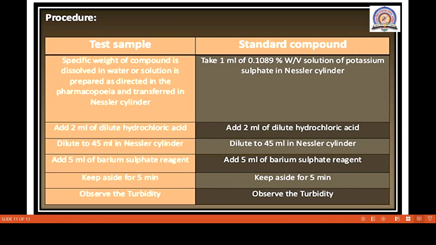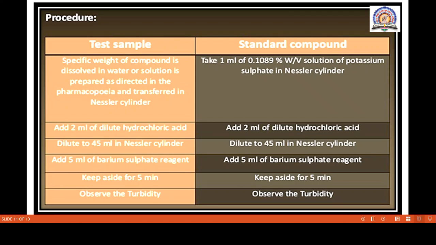Okay, then what exact procedure is done? Again we take two Nessler cylinders. One is labeled for the test sample, and the other cylinder is labeled as the standard compound. A specified weight of compound is dissolved in water, prepared as directed in the pharmacopoeia, and transferred to the Nessler cylinder.